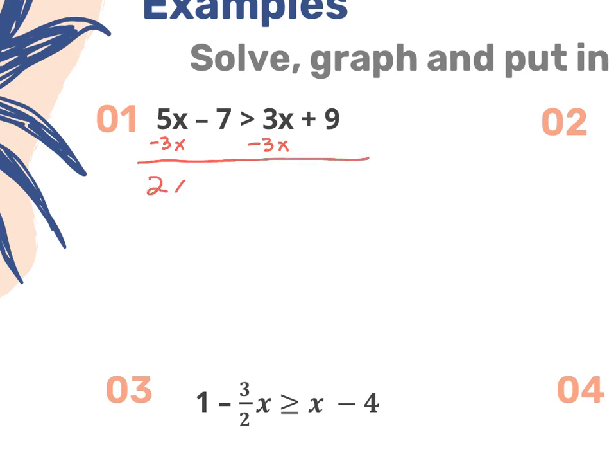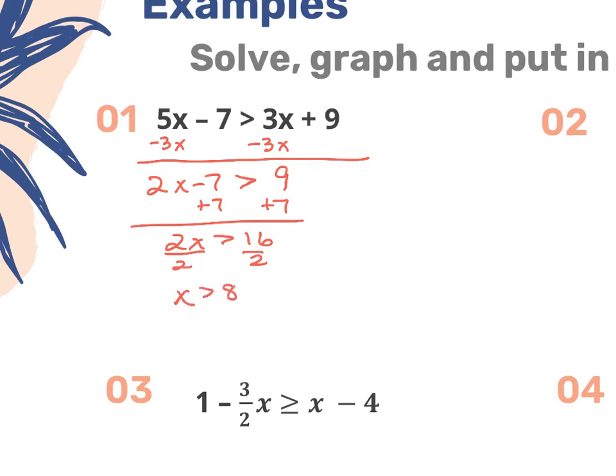So then I get 2x minus 7 greater than 9. Then I'm going to add 7. Divide by 2. And x is greater than 8. And now, just like we practiced on the previous slide, we're going to graph this.